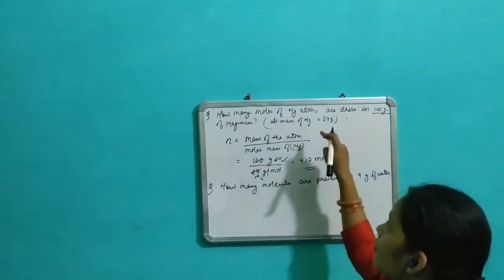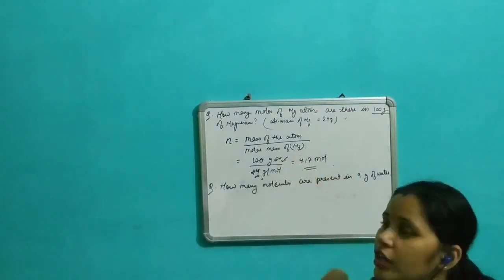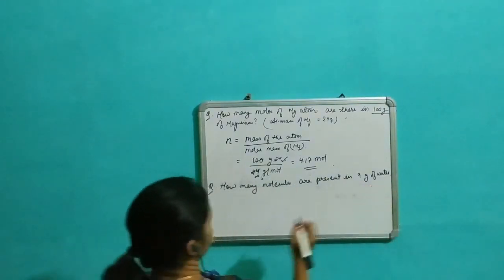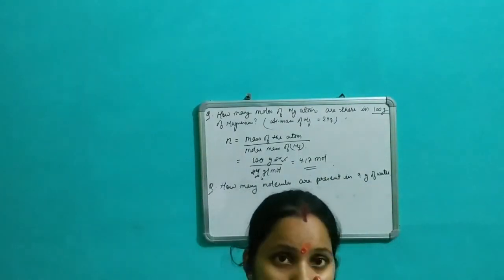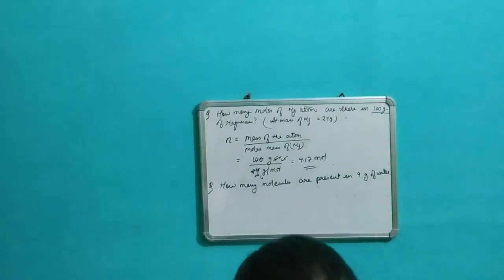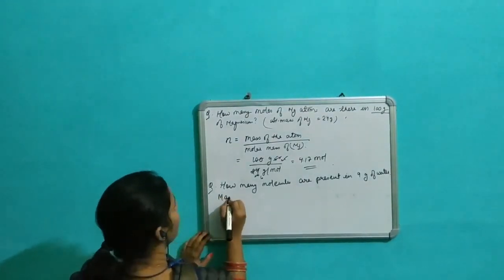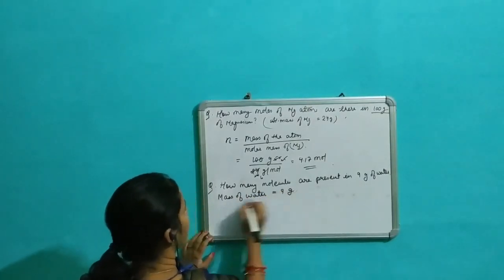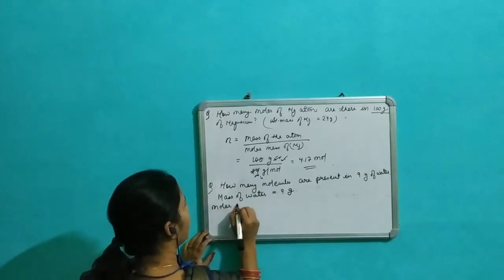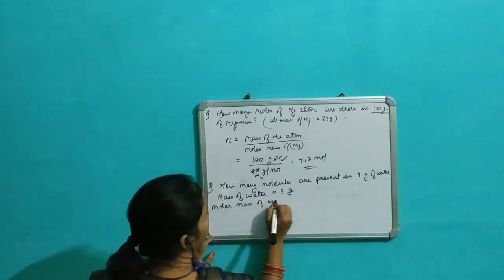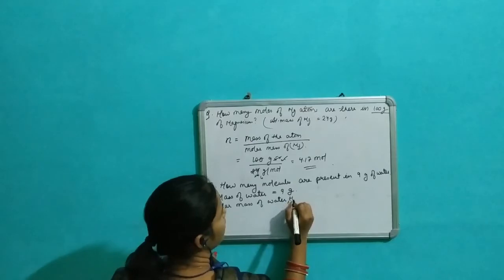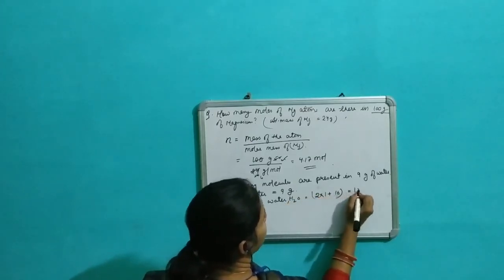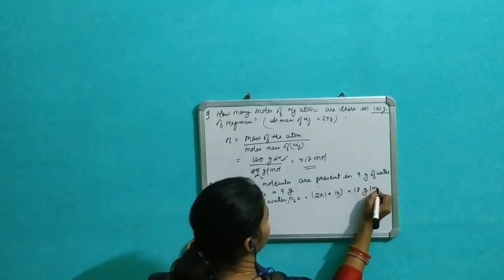Number of molecules will be mass by molar mass into Avogadro's number. First we have to know the molecular mass of water. Since the mass of water is 9 gram, the molar mass of water, H2O, is 2 into 1 plus 16, that is 18 gram per mole.